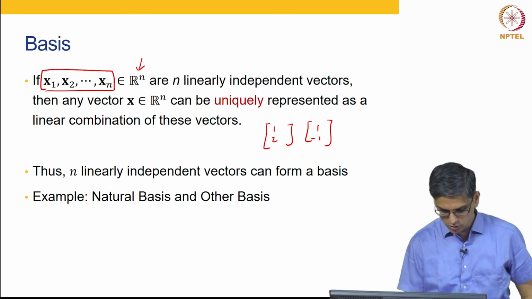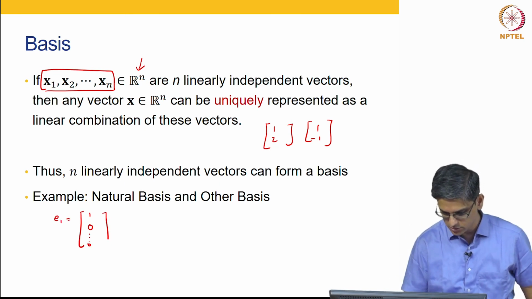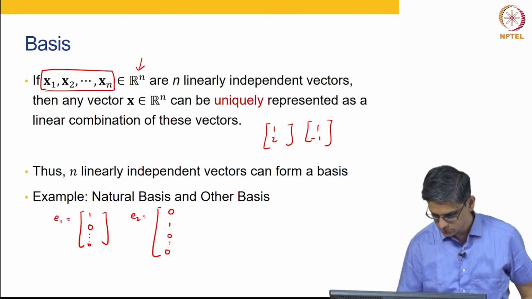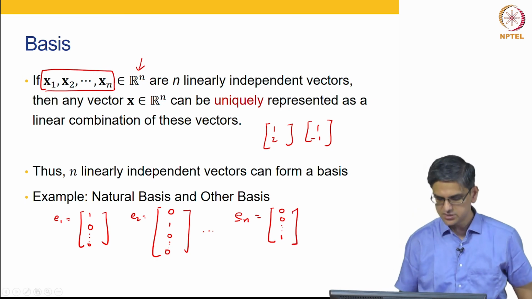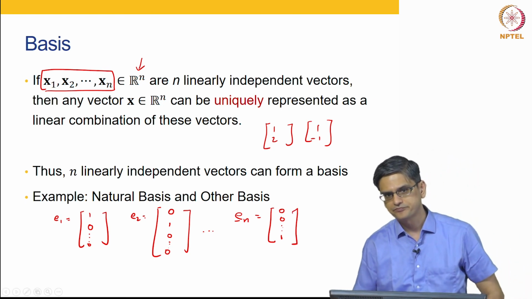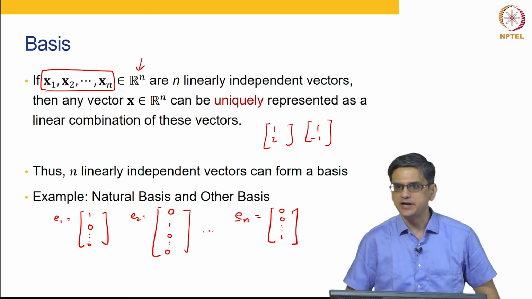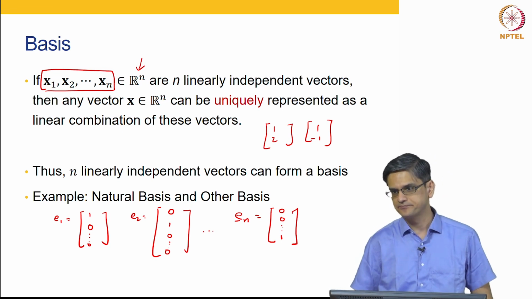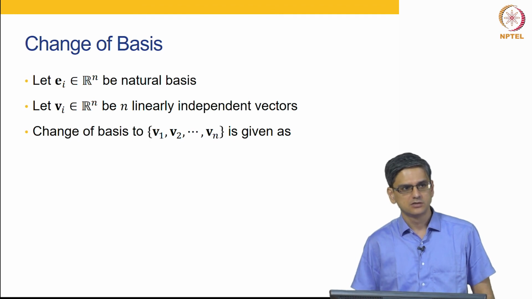Okay. So, the natural basis, for example, is [1, 0] and [0, 1]. These are called natural bases. Okay. And any n linearly independent vectors can be used as basis for an n dimensional space. So, how do you do the change of basis? Okay.